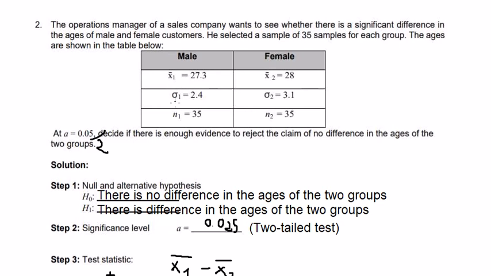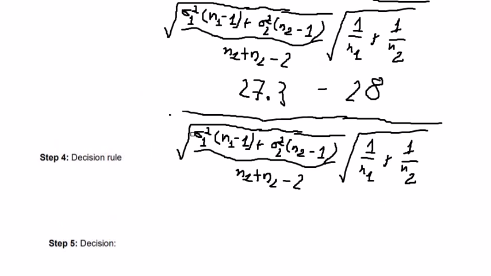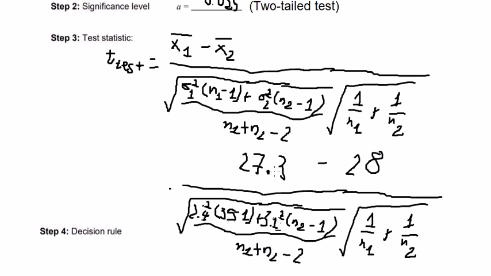Sigma number 1, that's about 2.4, and n1, that's about 35. Sigma number 2, that's about 3.1, and n2 is about 35.